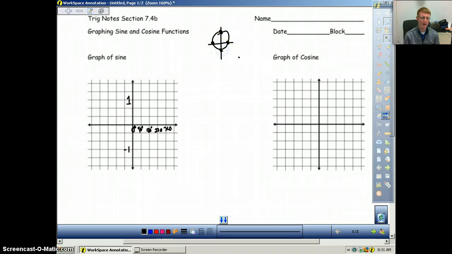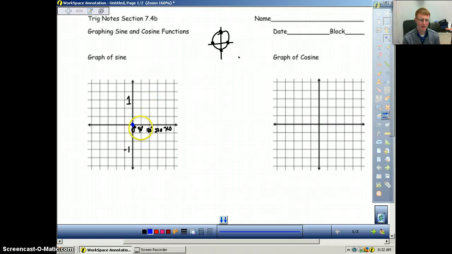So at all these lines we know what the value is because we know the sine is our y value. So our y value here is 0, so therefore when I graph my sine function, I know that my first value is going to be at 0. So that's where I start.